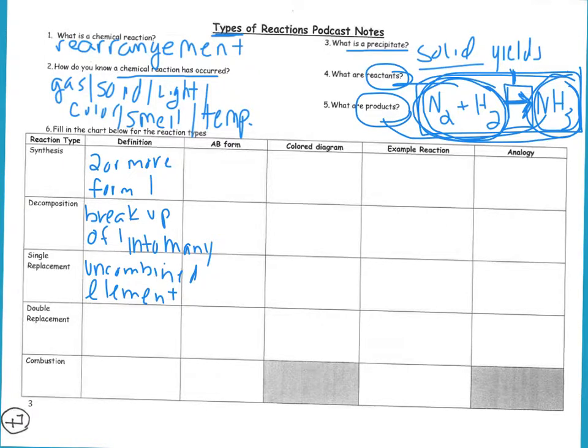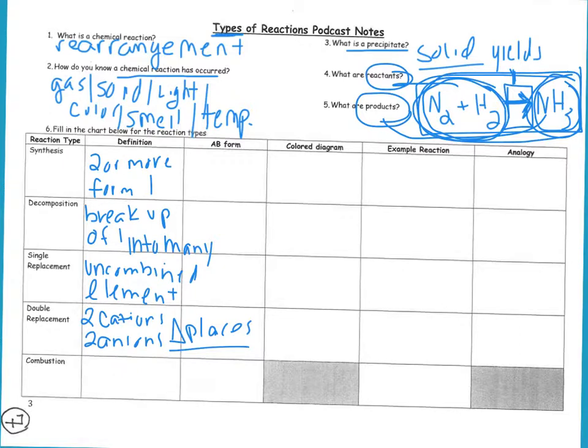A double replacement will usually involve 2 cations and 2 anions that change places. So you have one chemical reaction and another chemical reaction, and they will swap partners. They will change places with each other.